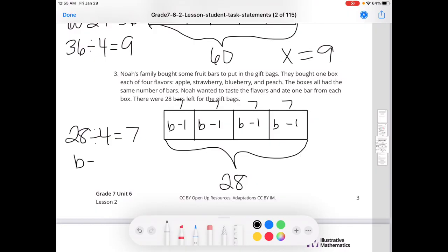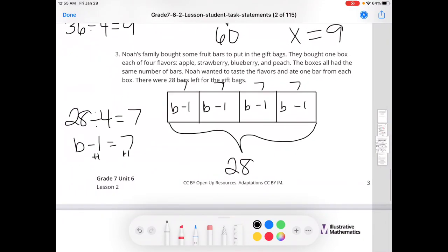So B minus 1 equals 7. So what minus 1 equals 7? So we could add 1 to both sides. That leaves me with B. And then 7 plus 1 is 8.